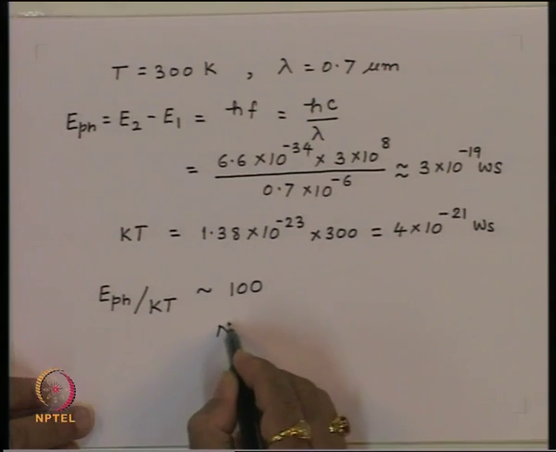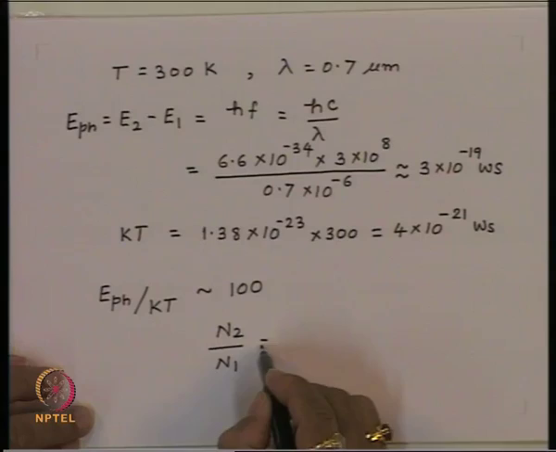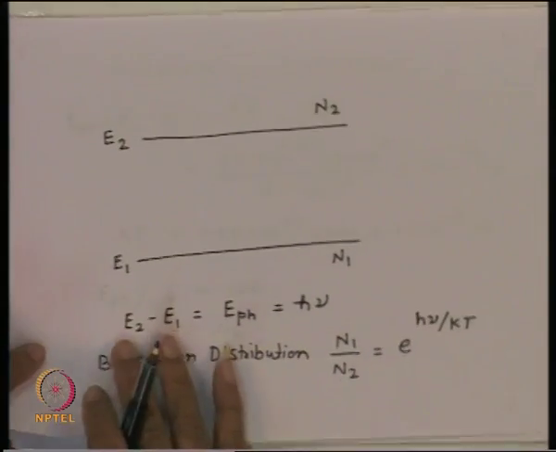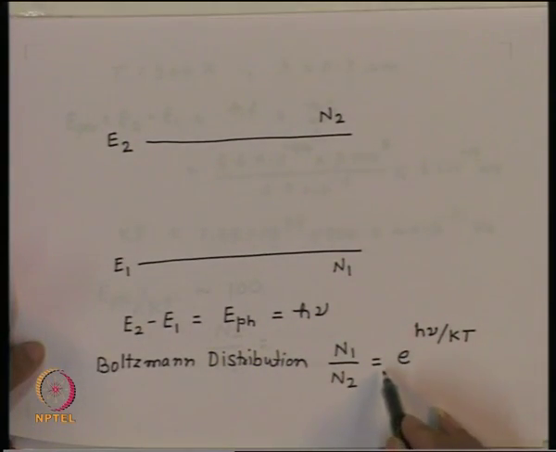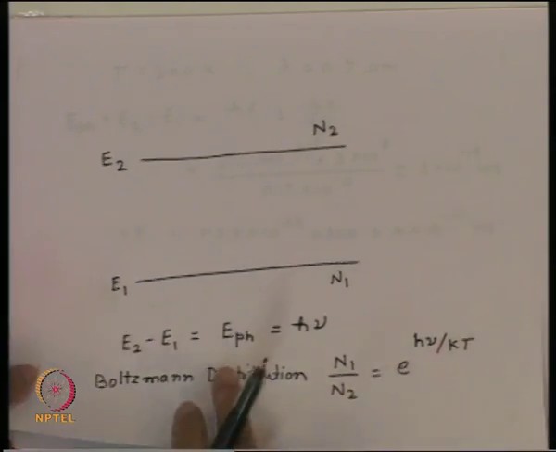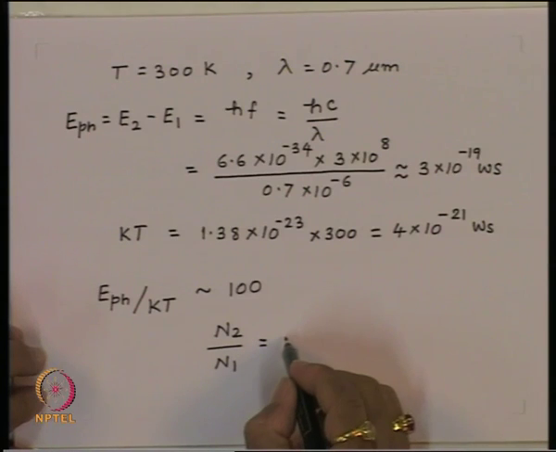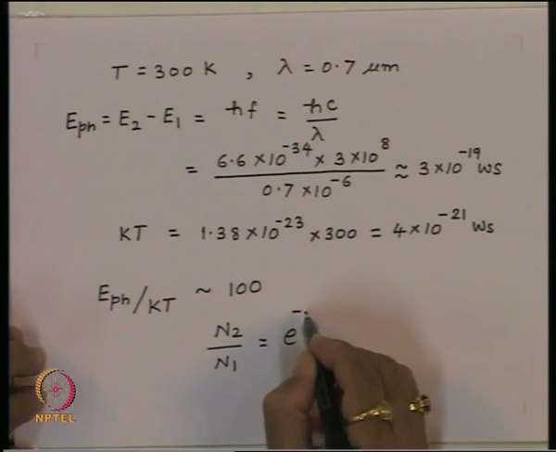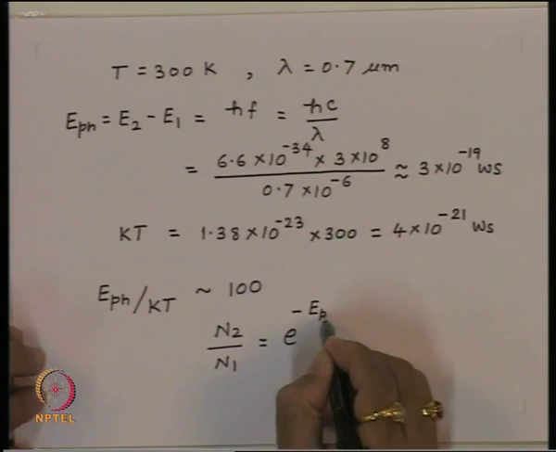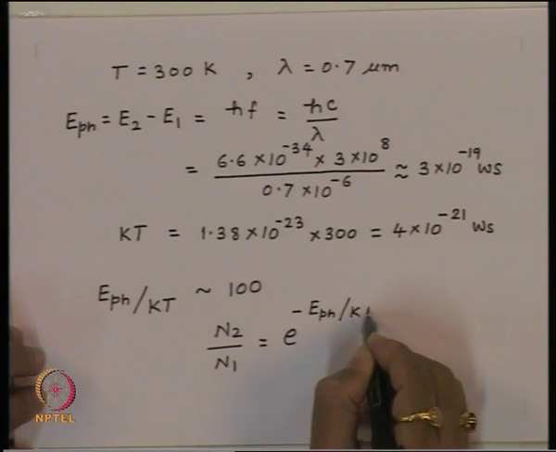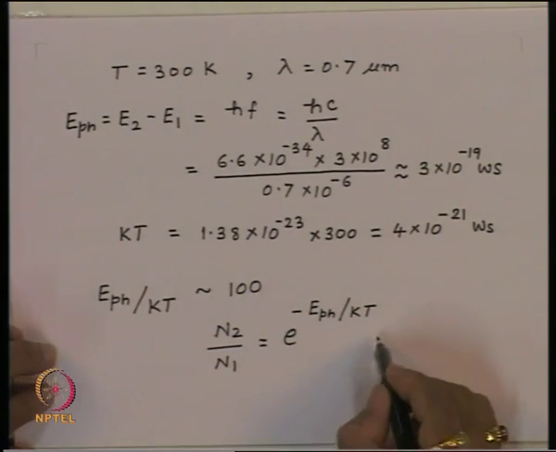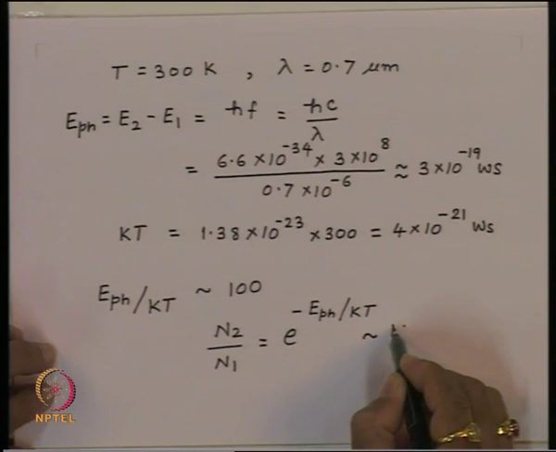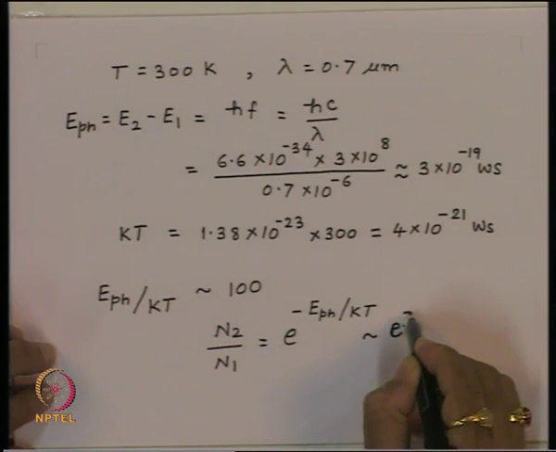So N2 by N1, which is e to the power minus E photon divided by kT, is of the order of e to the power minus 100.